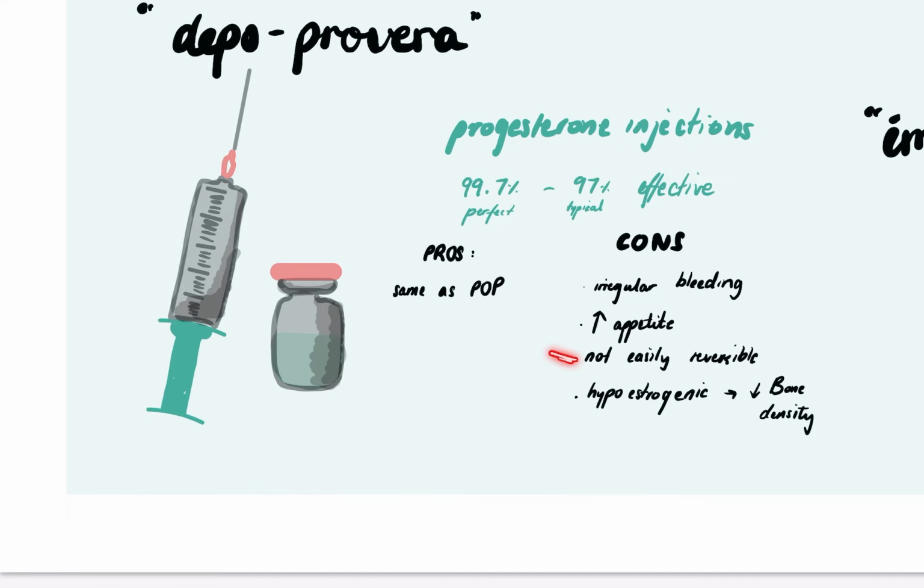It's not easily reversible, simply because you've had this injection and it lasts a while. Usually it might be around 8 months until ovulation recommences. And another thing is that because of the hypoestrogenic effects, you might get reduced bone density and hence a tendency towards osteopenia or osteoporosis.